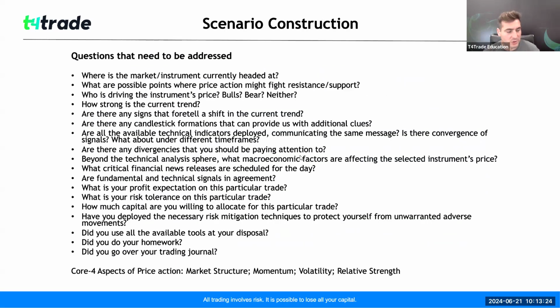So as I just mentioned, these are a few, some may say there are a lot, but from my point of view, those are a few questions that need to be addressed, okay, in order to create this kind of scenario constructing ability each and every time we do a trade, okay?